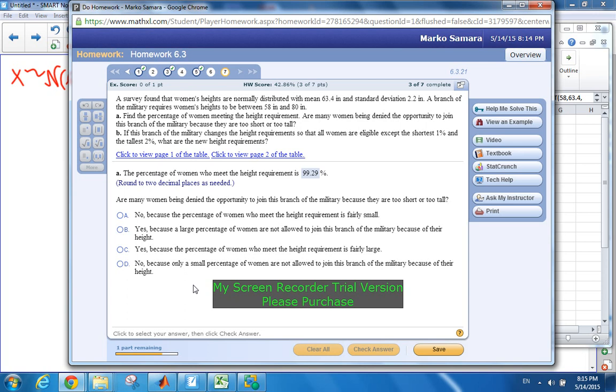So the women that are denied according to the height criterion are less than 1%, just 0.71%. So it's a really low number, 0.0071. So no, because only a small percentage of women are not allowed to join. So this is the right answer.